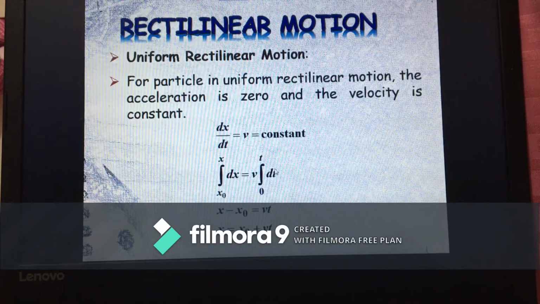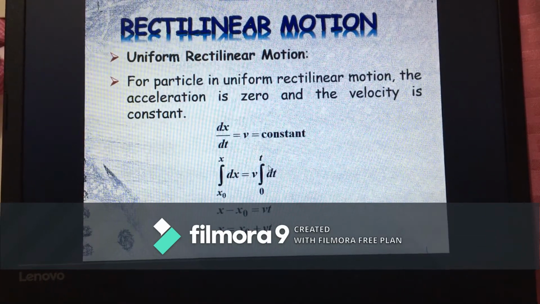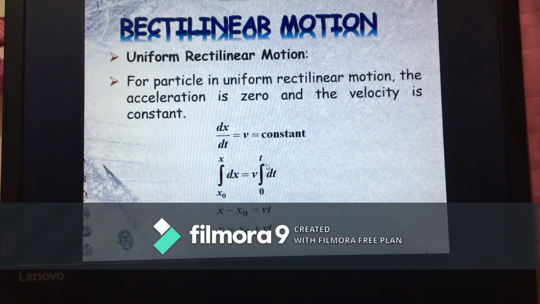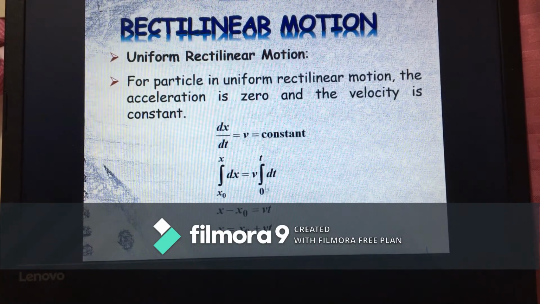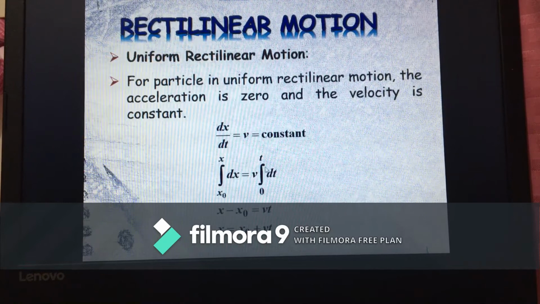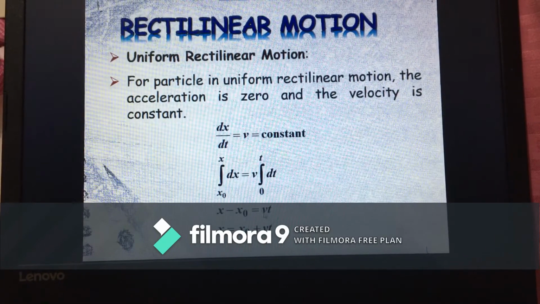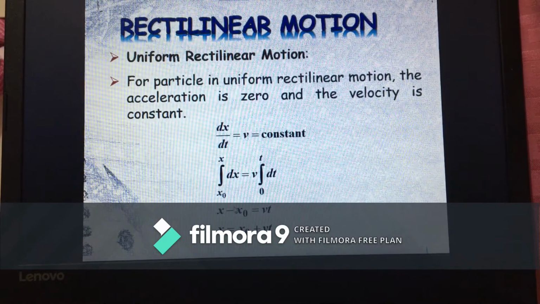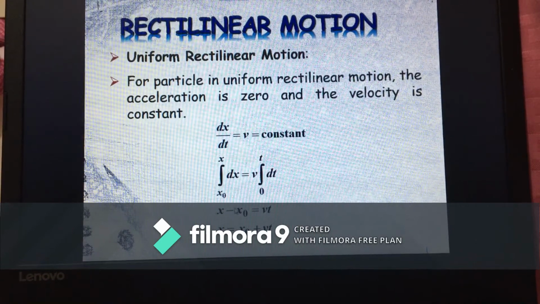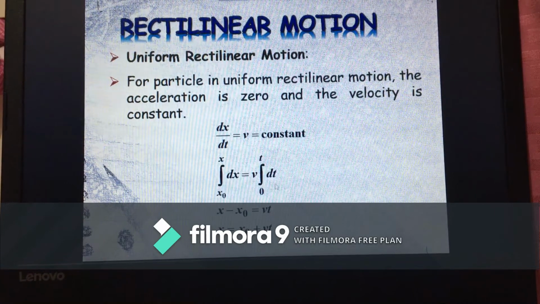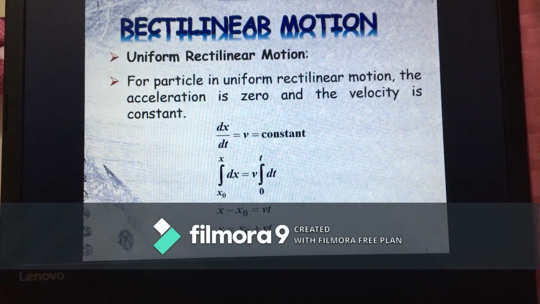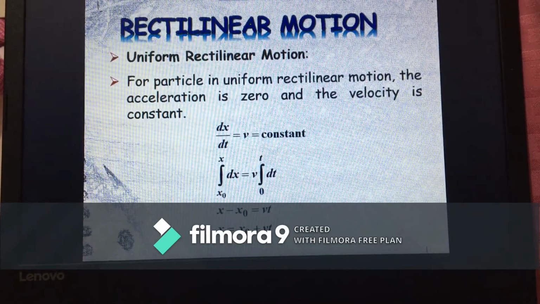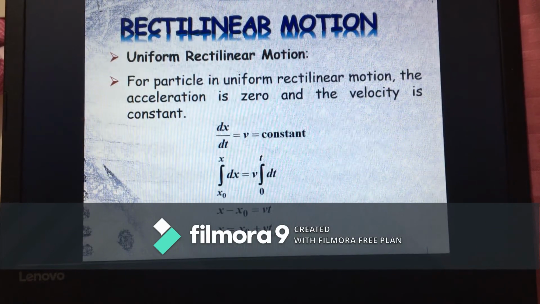From our calculus, the integral of dt is equal to t. Now substituting the limits, upper limit is t minus 0, so t minus 0 is t. Now multiplied by v, that's why you have vt. So solving for x here, you add x0 to both sides, or you transpose x sub 0 to the right. So you get x equal to x sub 0 plus v times t.